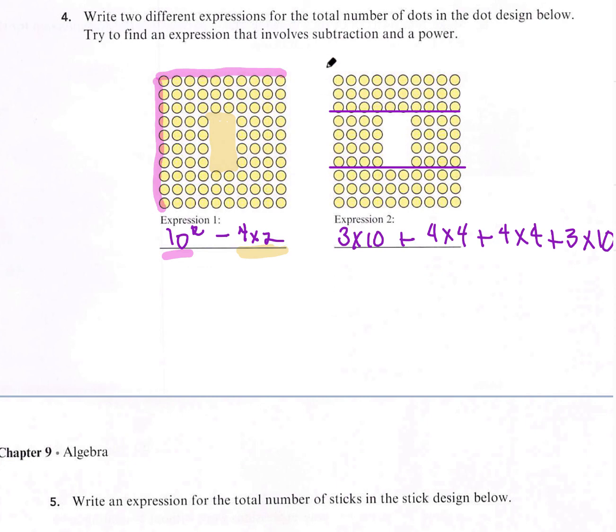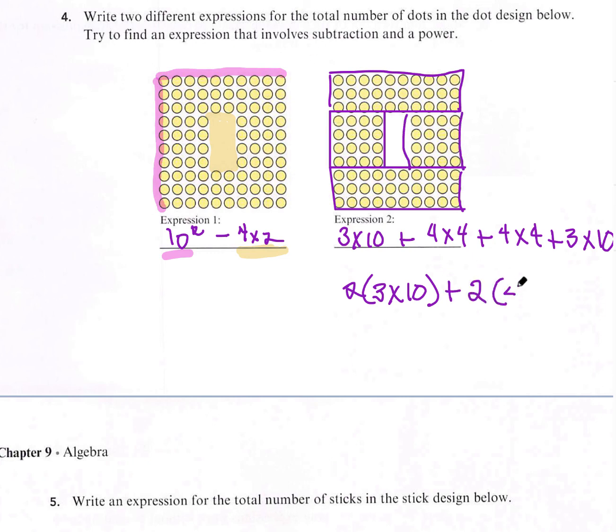Or we could just say that we have 2 times 3 groups of 10 and 2 times 4 groups of 4.